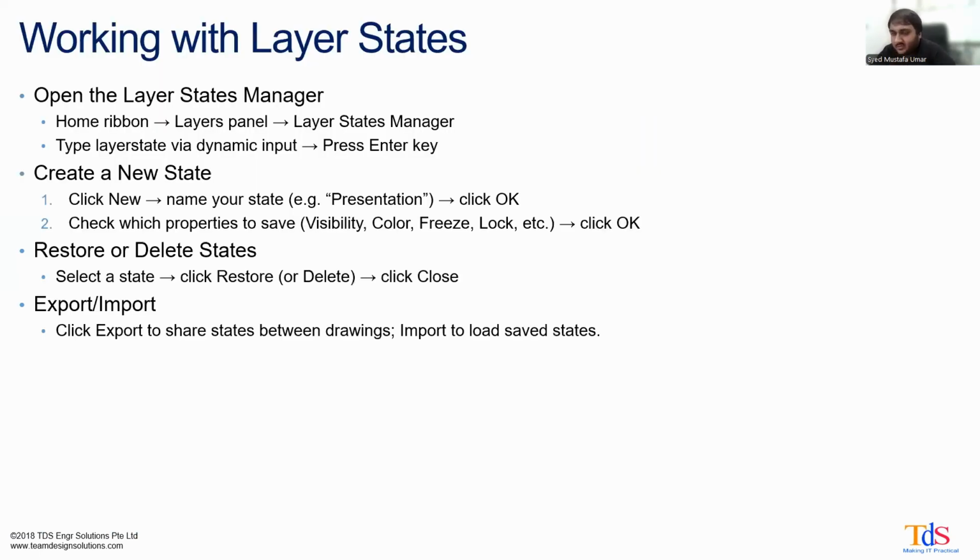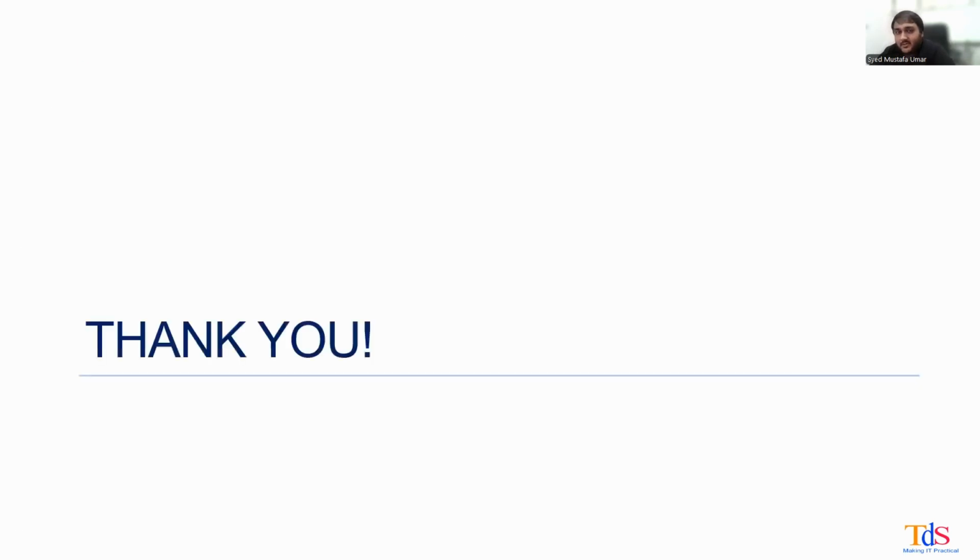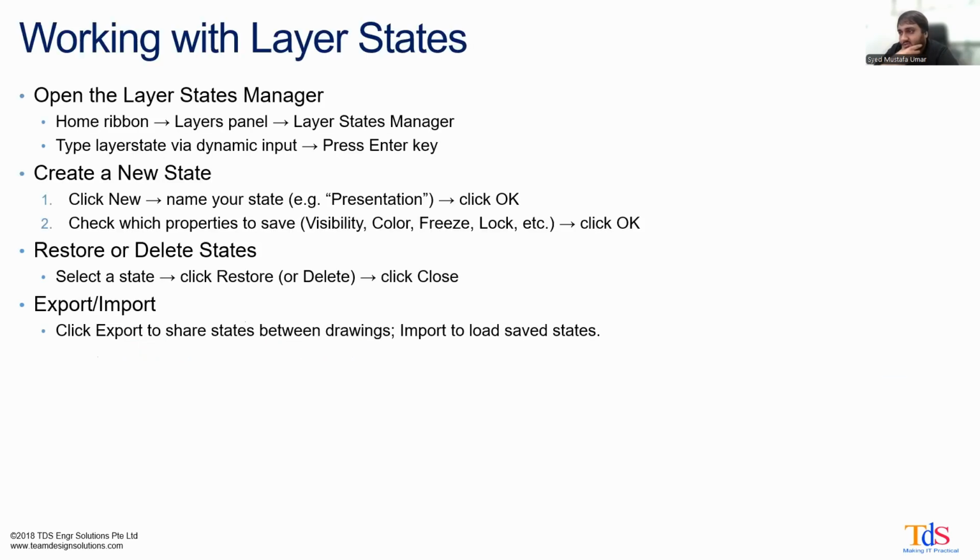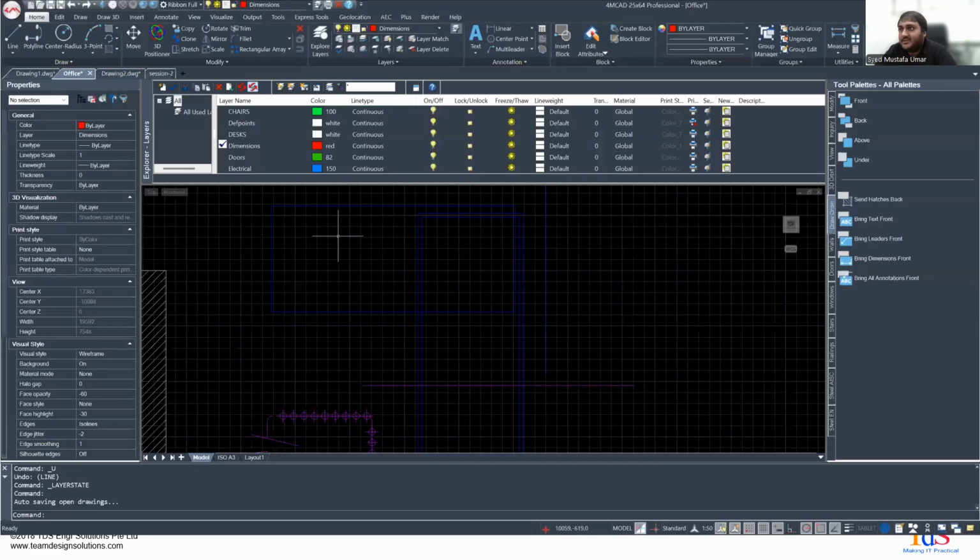So your colleague can select a different state, you can select a different state, and then the way that it looks, maybe the colors, maybe the freeze thaw, maybe some layers are turned off for you but turned off for the other. So you can customize it and very quickly load one or the other state depending on your need. So that is about it as much as I wanted to show for exploring layers.